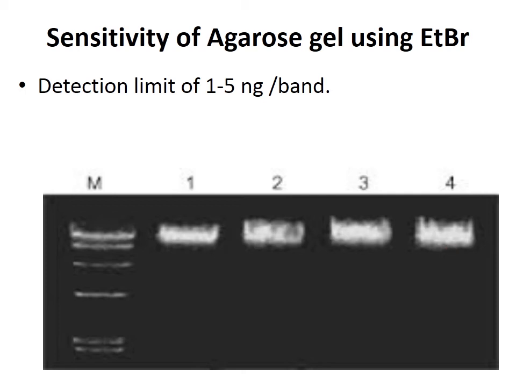So the amount of fluorescence produced is proportional to the quantity of DNA present in a band. This can again be standardized: we can run known amounts of DNA on a gel and monitor its fluorescence. And then we compare the fluorescence of those standards with a DNA band having unknown concentration.